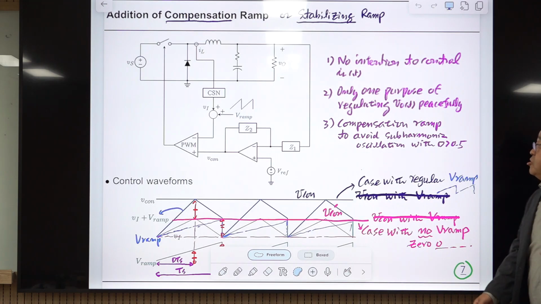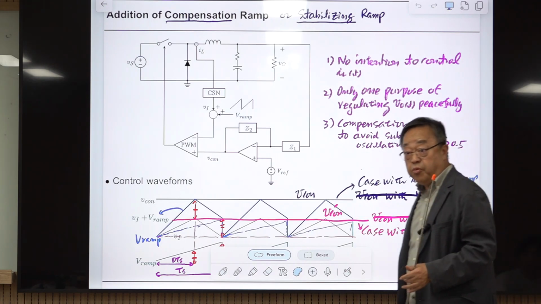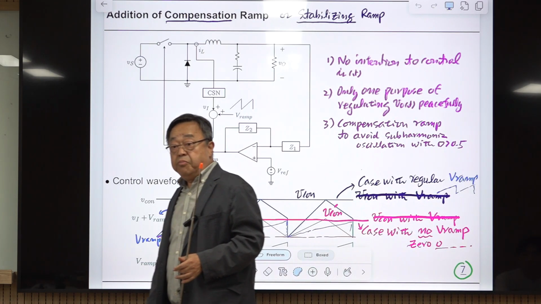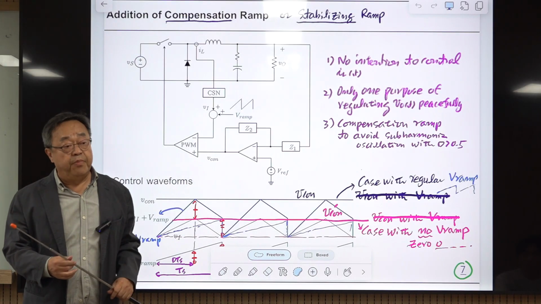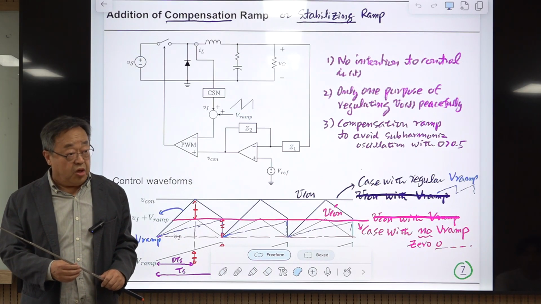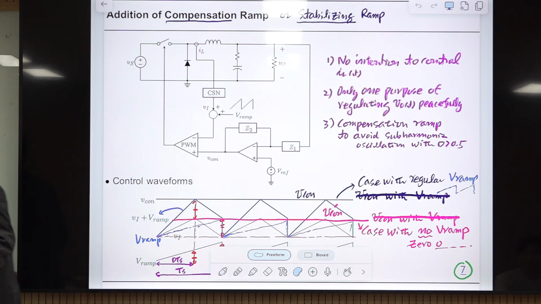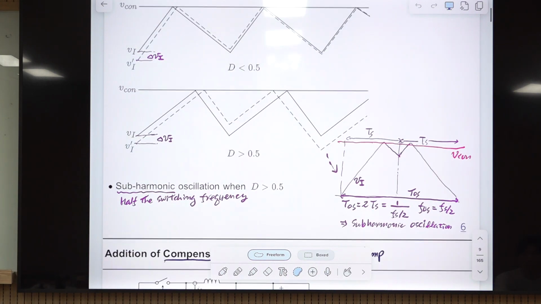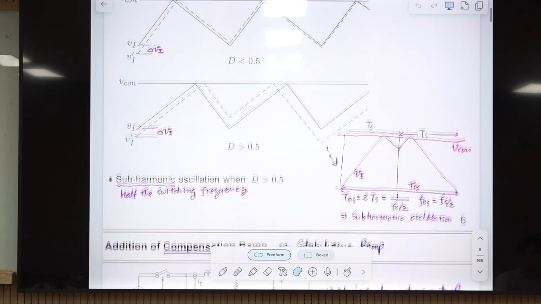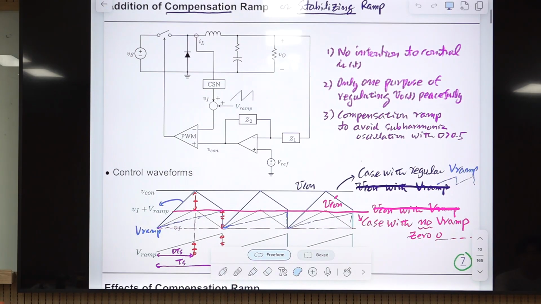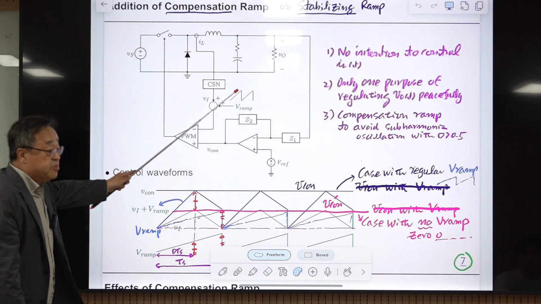This is okay if the duty ratio is smaller than 0.5. But we know if the duty ratio exceeds 0.5, there is a problem, and the problem was this subharmonic oscillation. To avoid this, we need to add this ramp signal here.